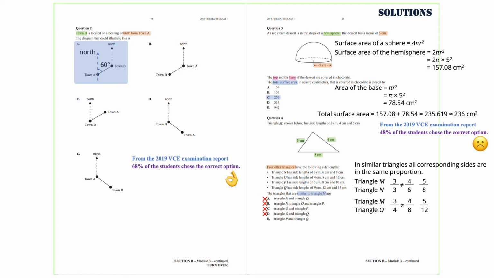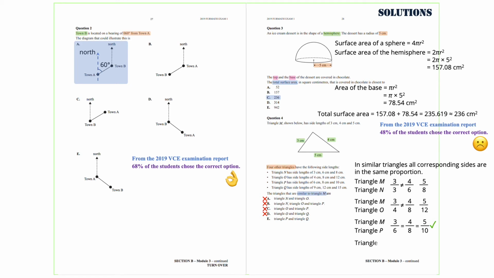Now let's check triangles M and P. Again, the sides of M are 3, 4, 5, and the sides of P are 6, 8, 10. The three ratios are all a half. Therefore, the three ratios are equal, which means that the two triangles are similar.